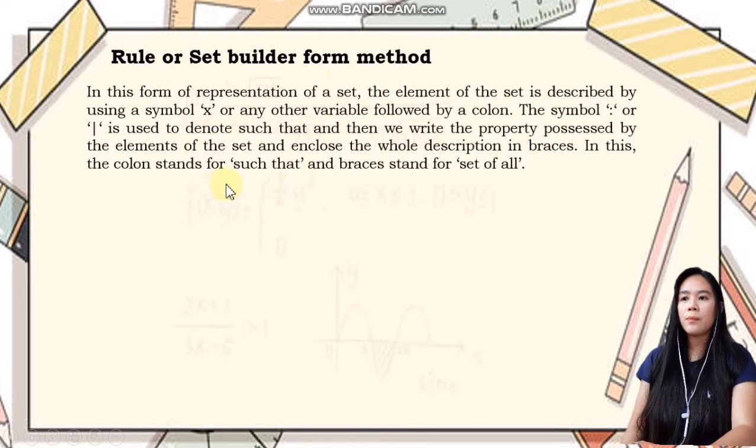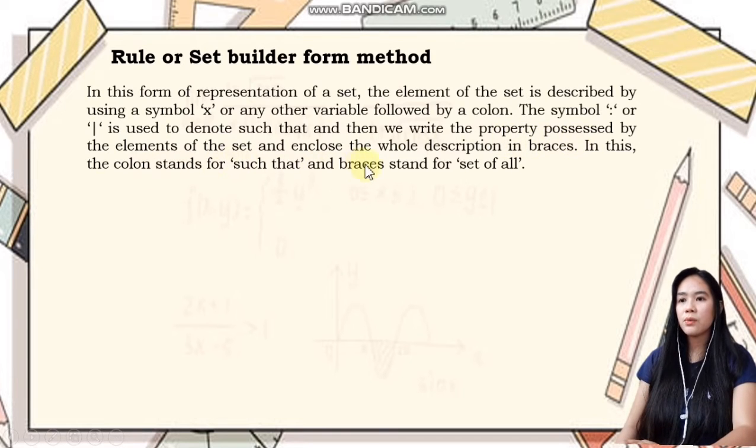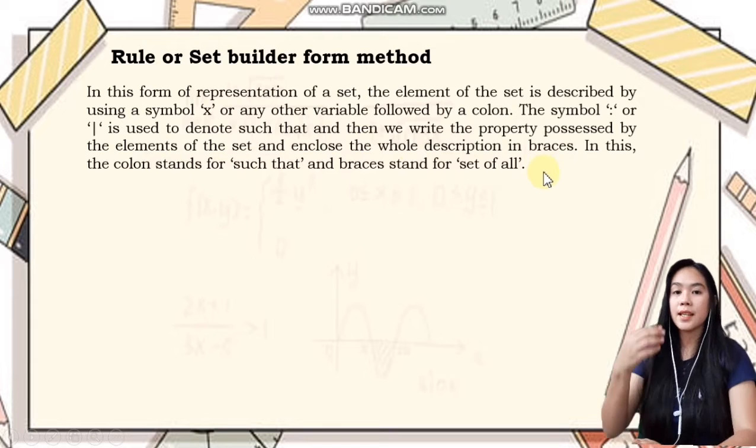So, the last method that is commonly used is the rule or set builder form method. In this form of representation of a set, the element of the set is described by using a symbol x or any other variable followed by a colon. The symbol like this, colon, or like this, is used to denote "such that", and then we write the property possessed by the elements of the set and enclose the whole description in braces.